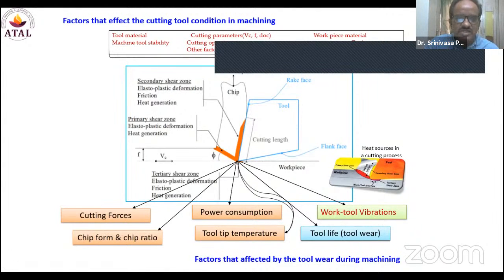If you want to express it in RPM, definitely you can, but you need to consider the diameter of the cutter. Then feed rate, depth of cut, workpiece material, cutting operation type, coolant, tool holders, and machine stability.